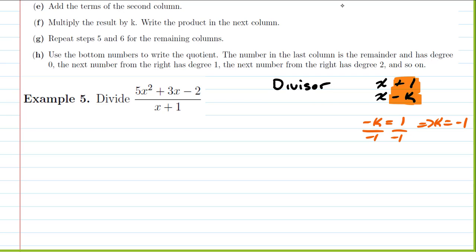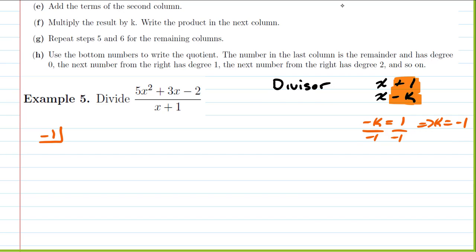What I was saying is whatever our coefficient is that we're adding to x, it's always going to be the opposite. So in this case, we had a positive 1, so our k was negative 1. So we place our divisor in a little half square that looks something like this.